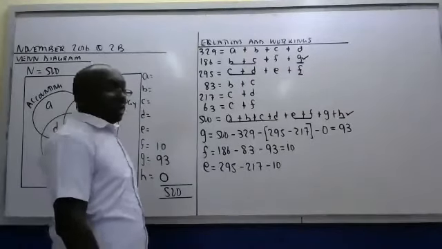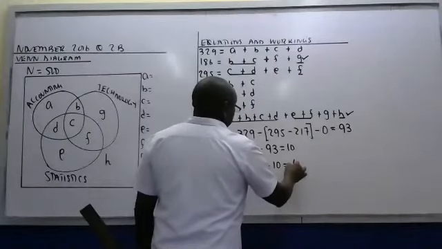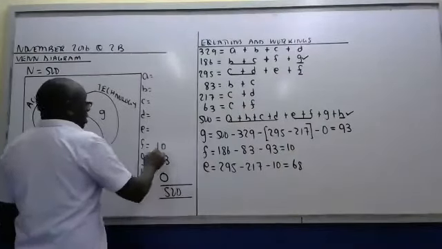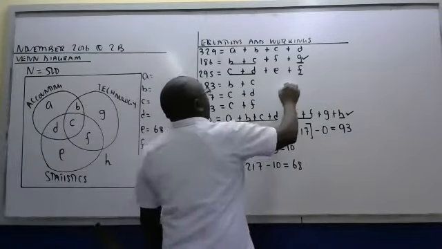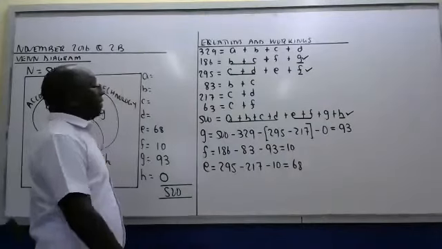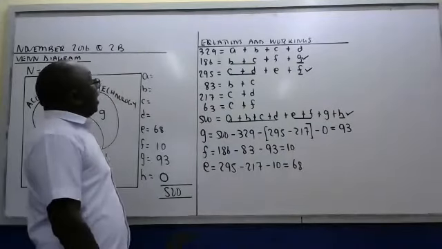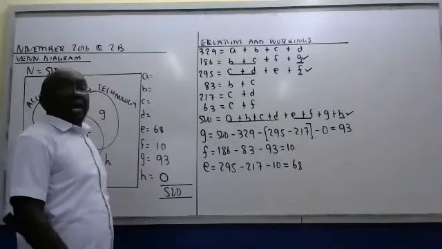So E becomes what? 68. E is 68. So this equation has assisted us, and that is good. Then from there, we get here.